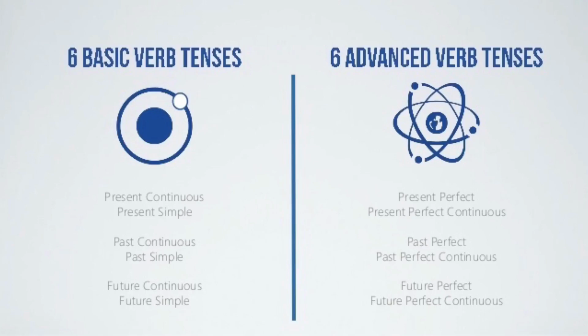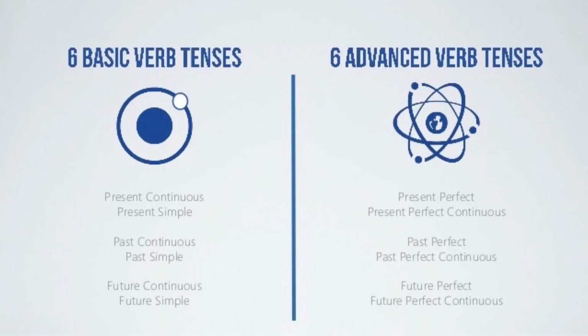Well, there are six basic verb tenses. First we have present continuous. Present continuous tense basically indicates an action that is taking place at the moment of speaking. Next we have present simple.